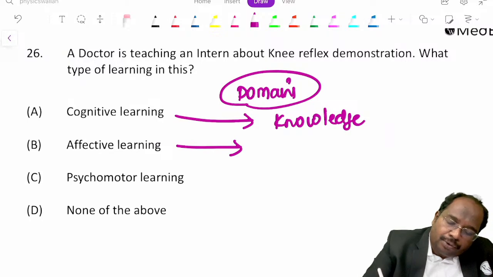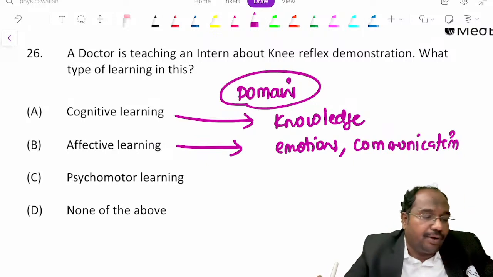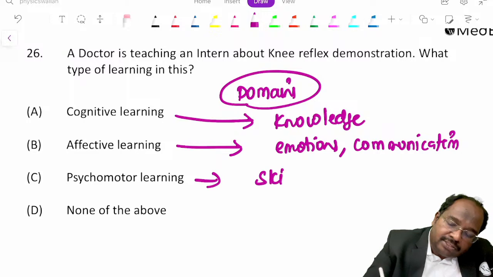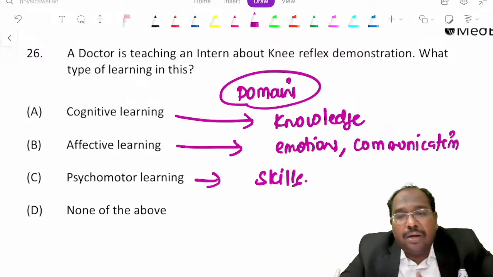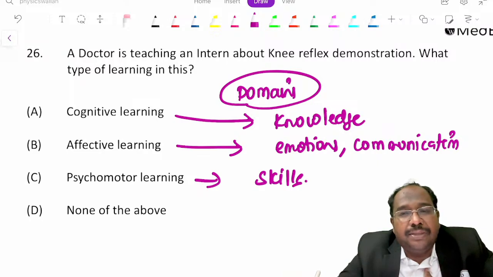The affective domain focuses on emotions and communication. The psychomotor domain focuses on skills. As a teacher, sometimes I have to focus on your cognitive domain, developing your knowledge.